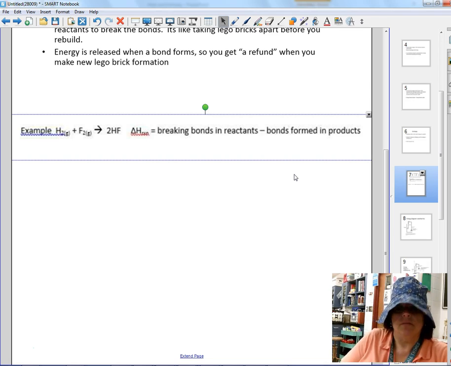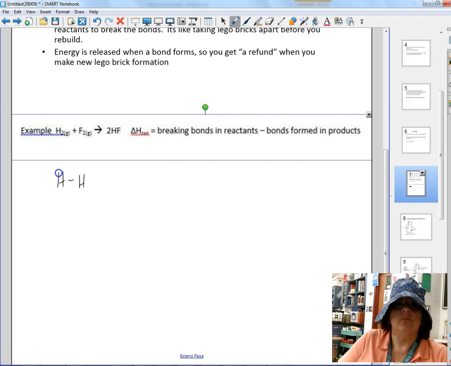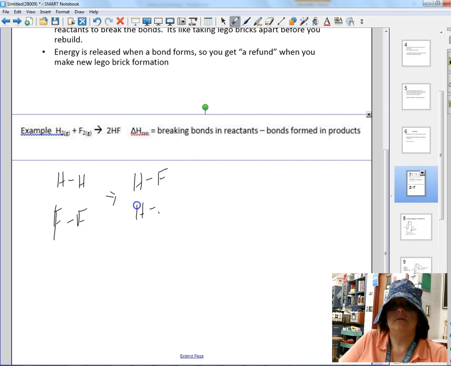H2, elemental hydrogen, is going to be one hydrogen bonded to another. F2, elemental fluorine, is going to be one fluorine bonded to another. On the other side of the equation, we're going to make two hydrogen fluorides.